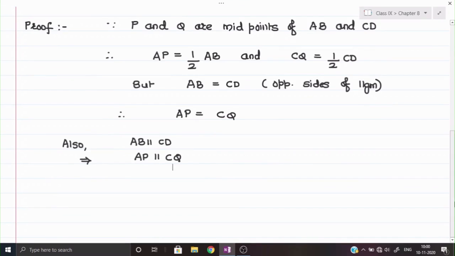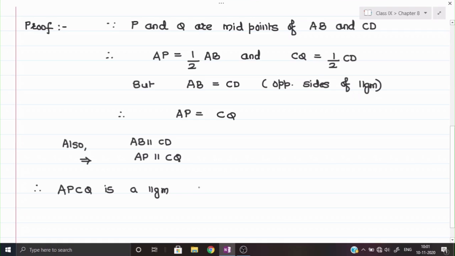One more thing you observe: we have already proved here that AP and CQ are equal. And as I told you in the beginning, if we are able to prove any one pair of opposite sides equal as well as parallel, we can say that it will be a parallelogram. So therefore APCQ is a parallelogram.